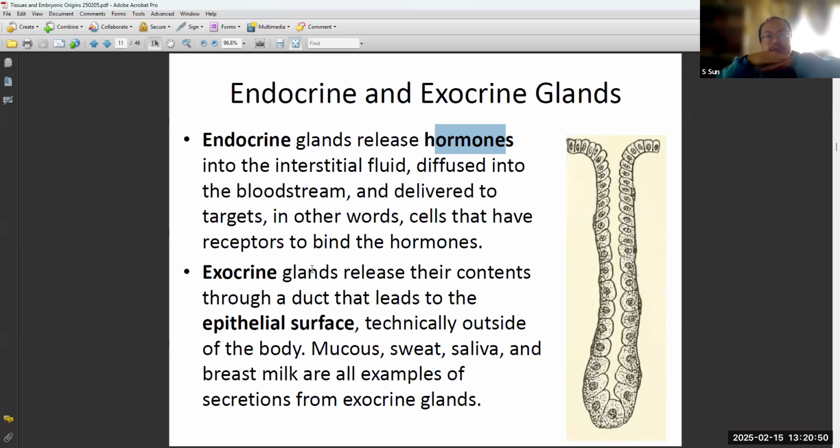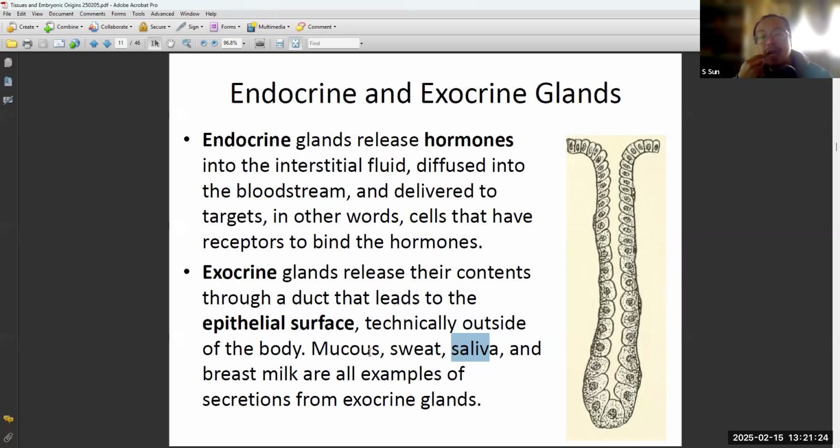Exocrines secrete onto the surface of our body. Examples include mucus, like saliva, which includes mucus. But mucus is also in our nasal passages, esophagus, and trachea. Even though you don't really touch it, we have this mucus all the way.